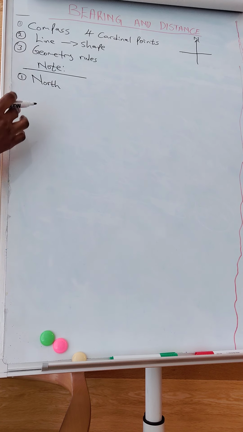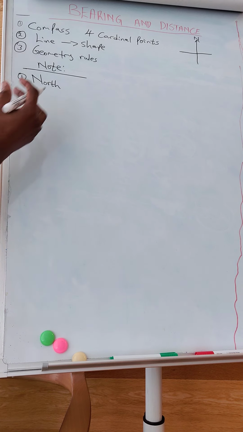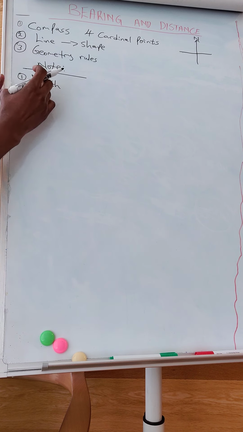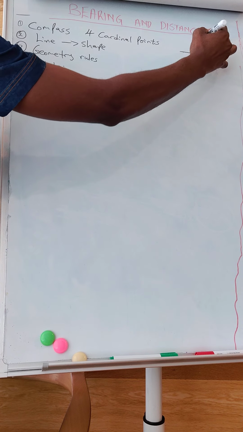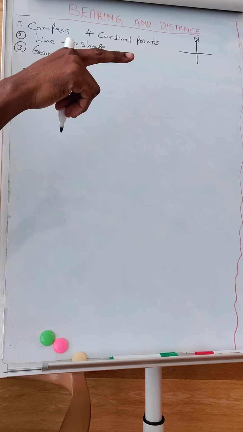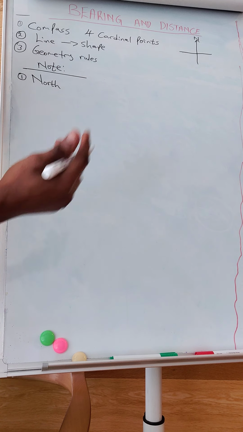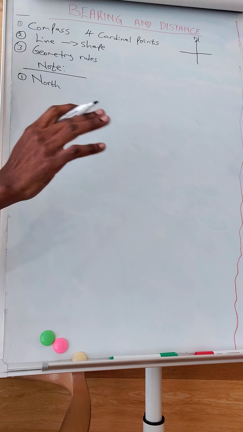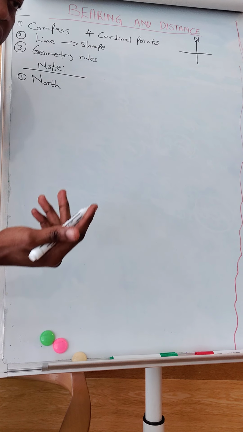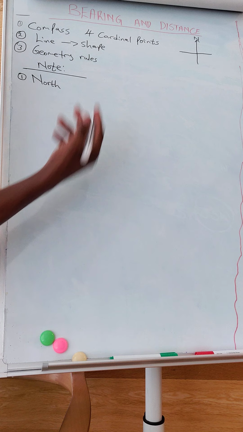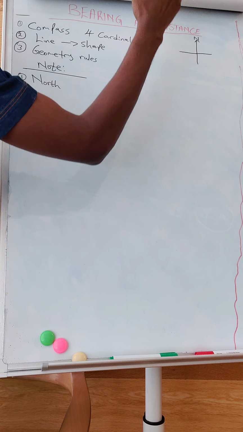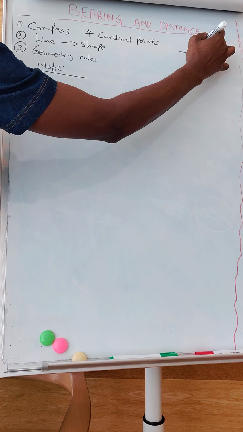Any bearing of any angle that you are asked to draw must always start from the knot, except if the question states otherwise. If an angle is given without anything, for example, 45 degrees, 30 degrees, you must know that your drawing must start from the knot.